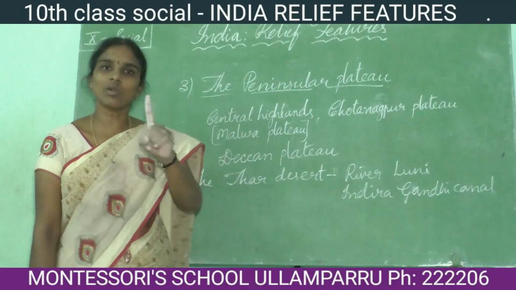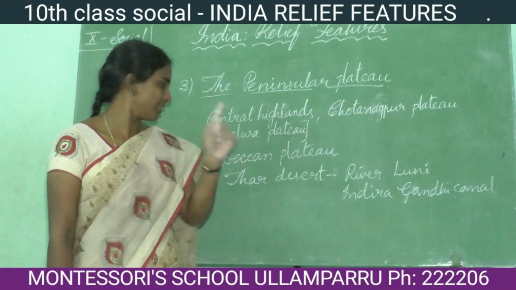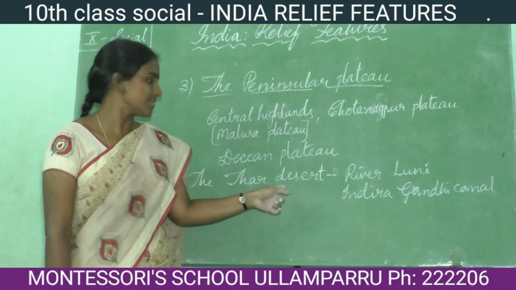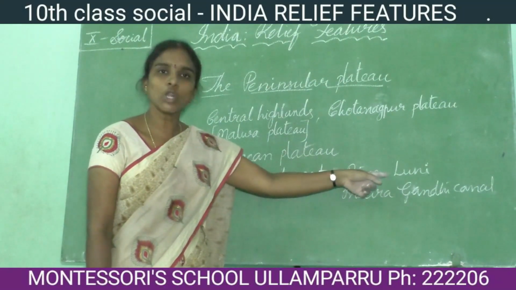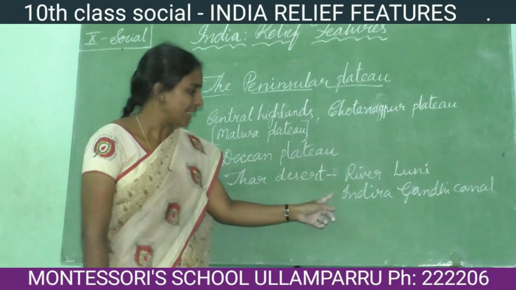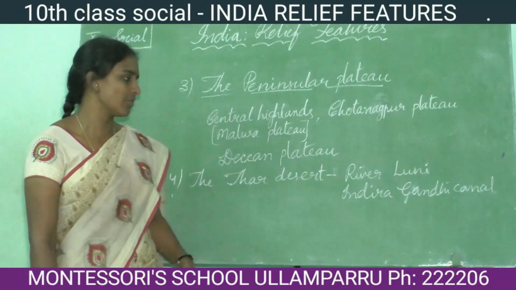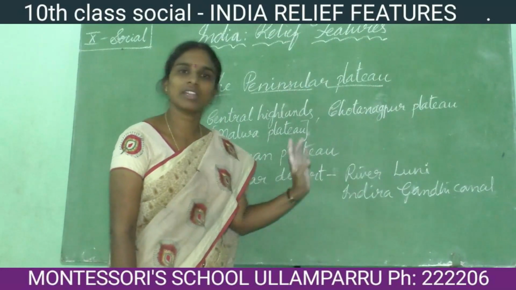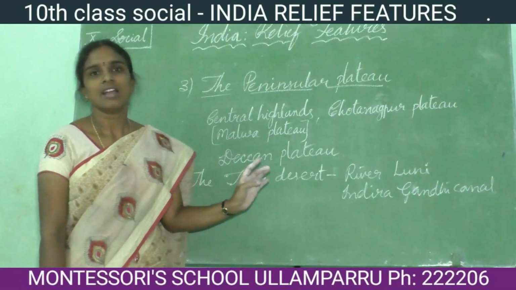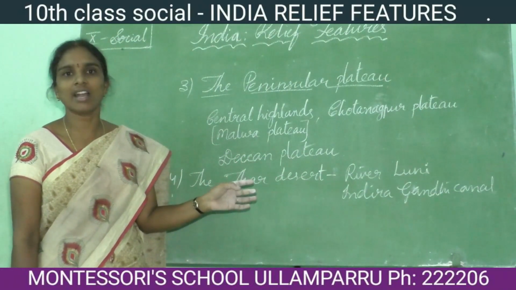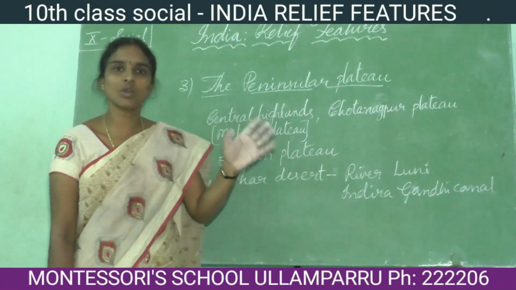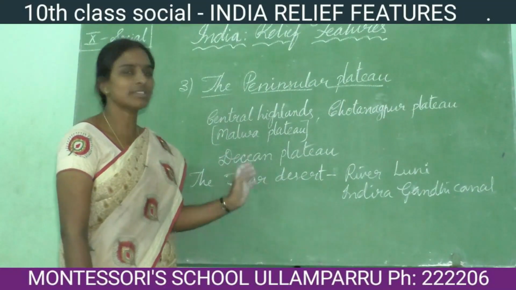Here there is only one river in the Thar Desert, that is the river Luni, and it has another source of water also, the Indira Gandhi Canal, which is the largest canal in India and a source of water to the Thar Desert.